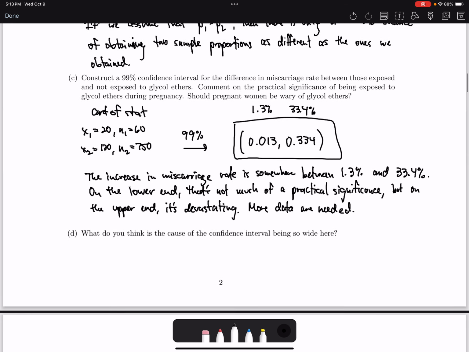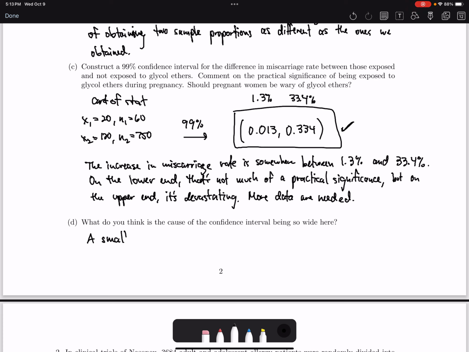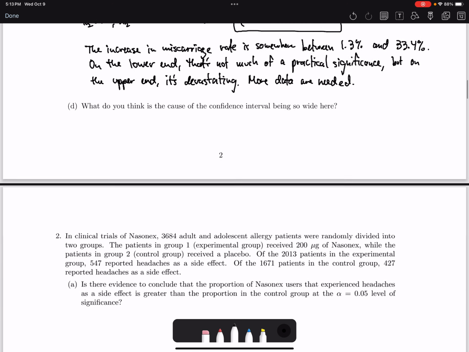So a small sample size for group 1 is what's causing the confidence interval to be so wide. If we want to get a more precise measurement for the increase in miscarriage rate, we're going to need some more data, okay? All right, so that is that first example.